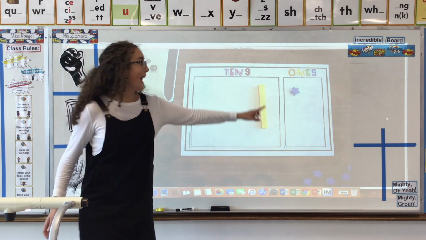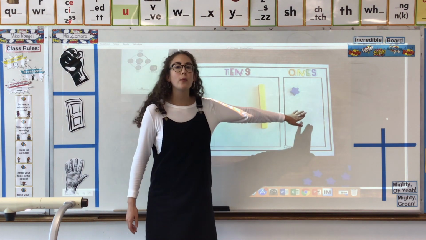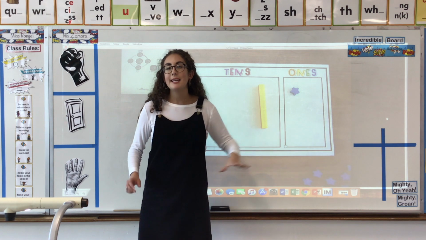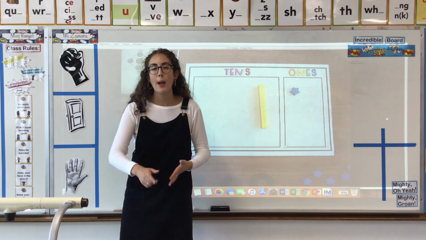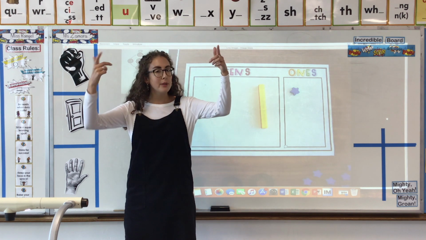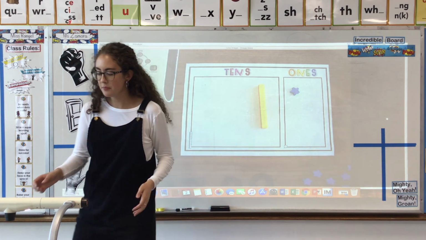Can you repeat after me? 10 1. One more time. 10 1. Now we're going to add erasers to our place value chart, but keep counting up using the Say 10 way. Let's give it a try.